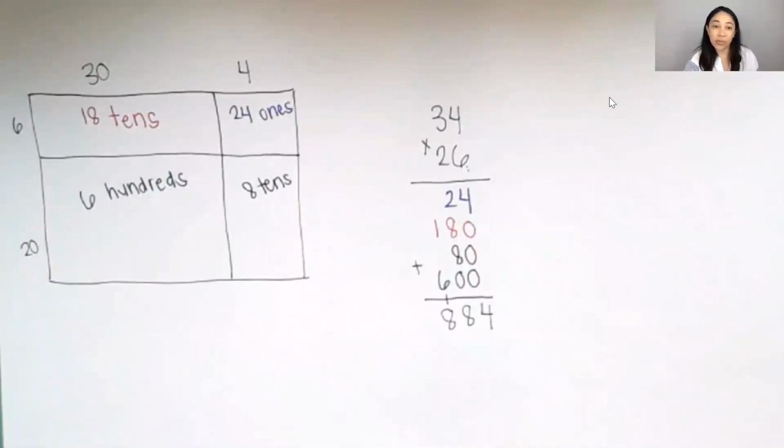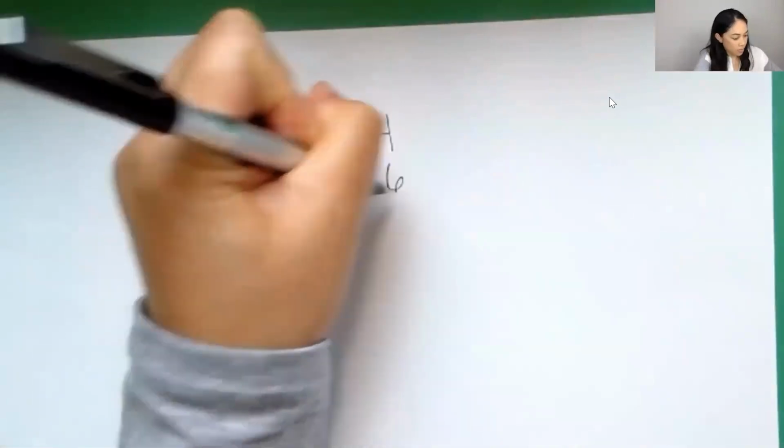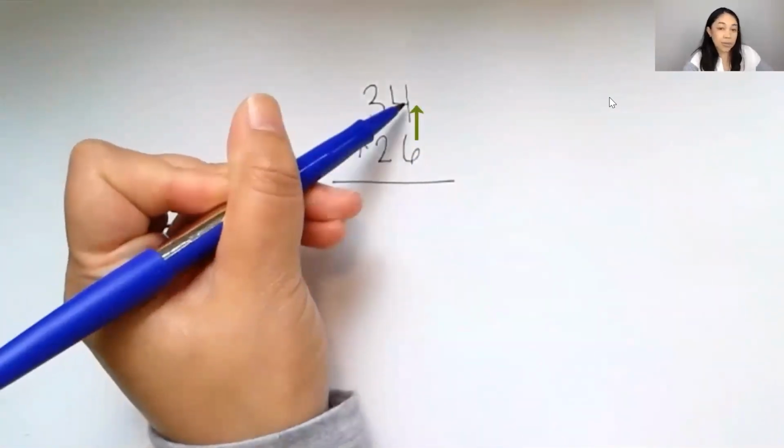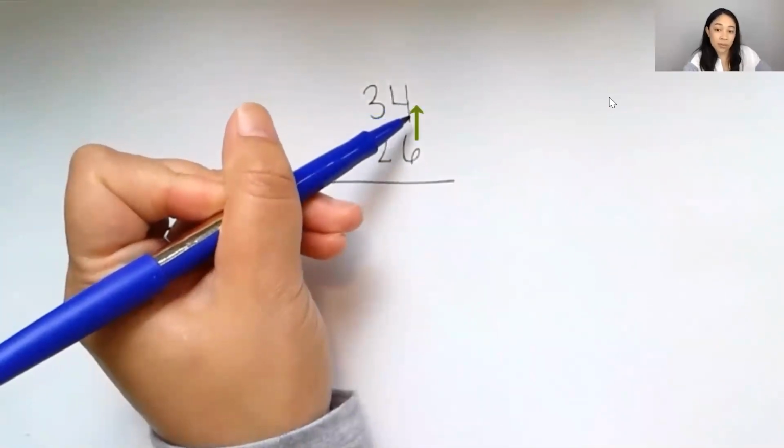Now let's solve 26 times 34 again, but this time let's just use the algorithm. When we multiplied 26 times 34, where did we start? We started at 6 ones times 4 ones.